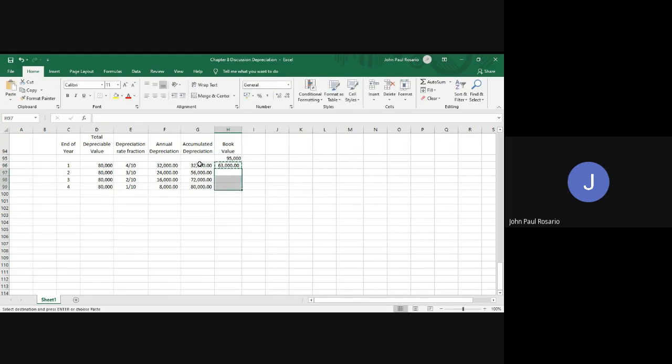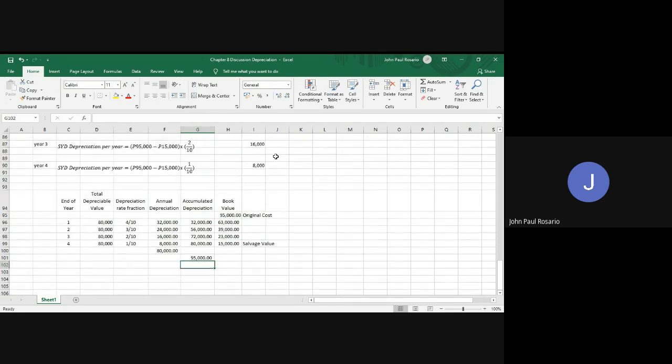So that will give us this one. Same as before, the last book value should equal your estimated salvage value. And this is your original cost. Also, your annual depreciation should equate to your total depreciable amount, and when adding your total depreciation with your salvage value, that should equate to original cost.